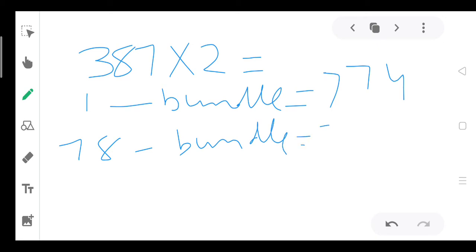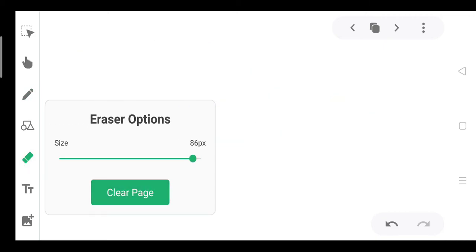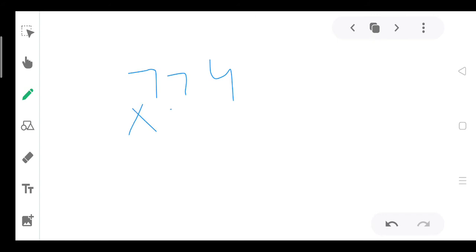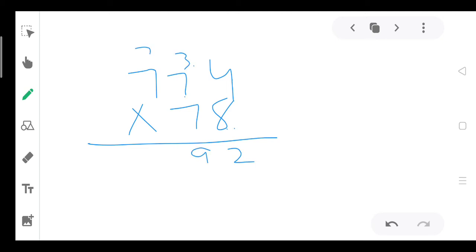For this, 774 we will multiply by 78. Is it clear up to here? So now we will multiply 774 by 78. Same process, 8 4s are 32, 3 carry, 8 7s are 56 and 3, 59, 5 carry, 8 7s are 56 plus 5, 61.